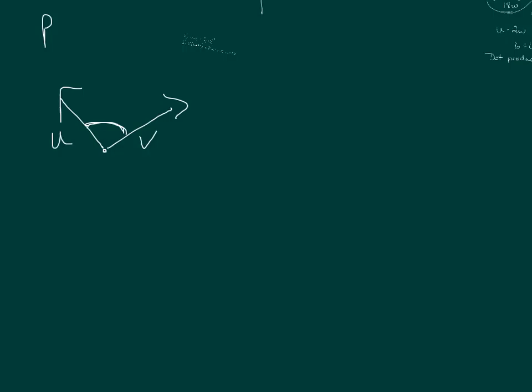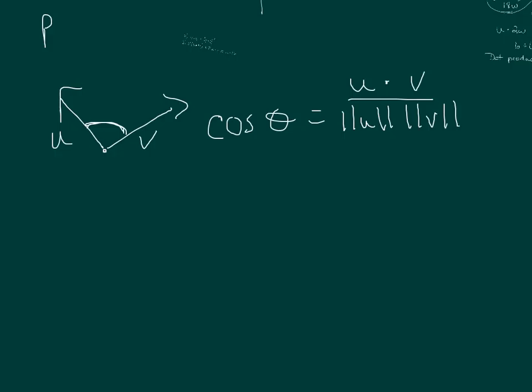The formula to find the angle between those two vectors is the cosine of theta equals the dot product of u and v over the magnitude of u times the magnitude of v. You'll have to use the arc cosine to find theta. But this is the formula that we plug into.